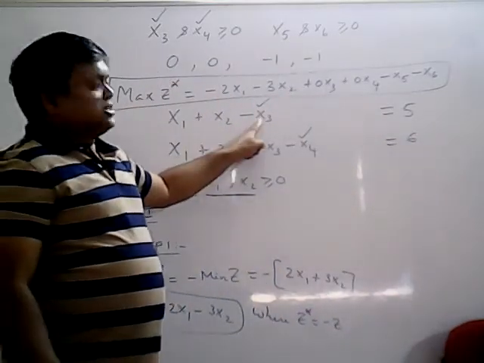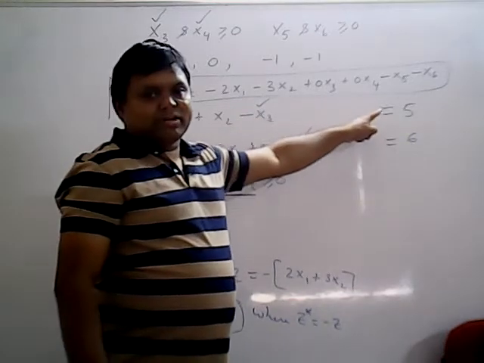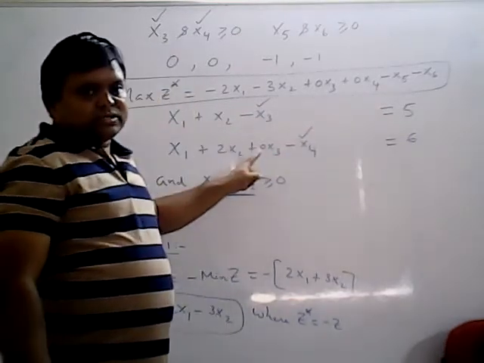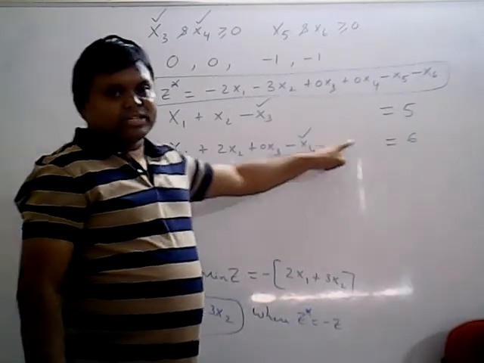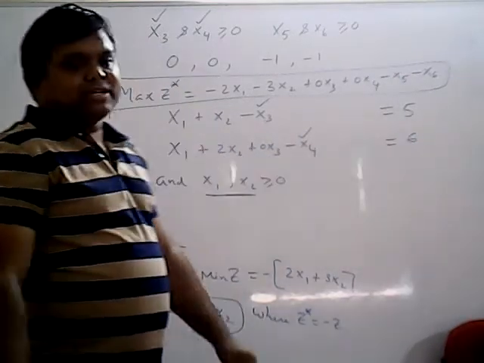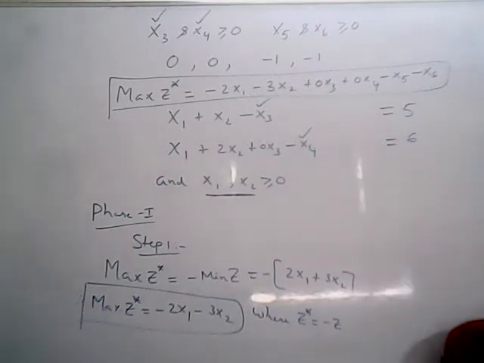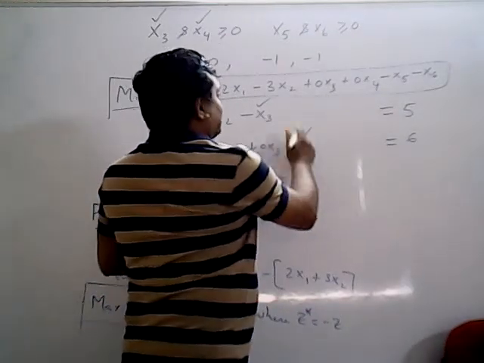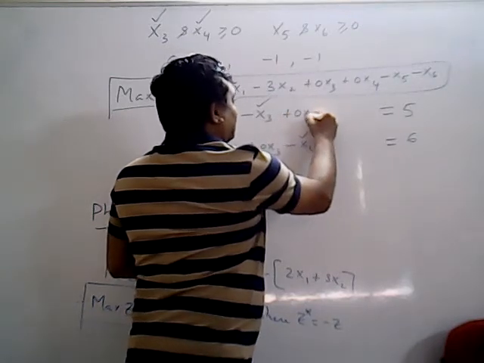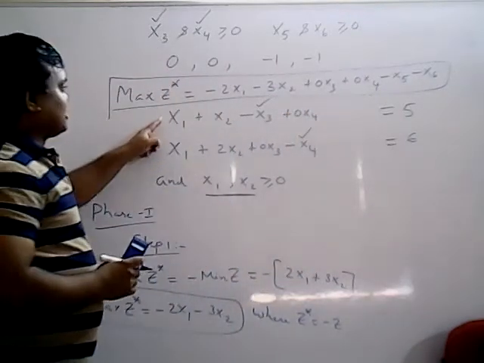The surplus variable is subtracted, so the inequality becomes an equality. Here x4 is used, so what is the x4 value in the first constraint? 0x4.